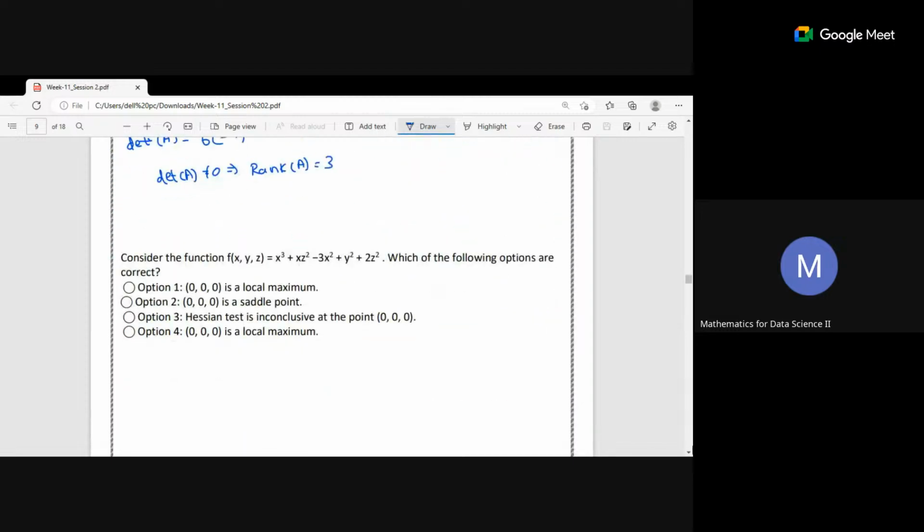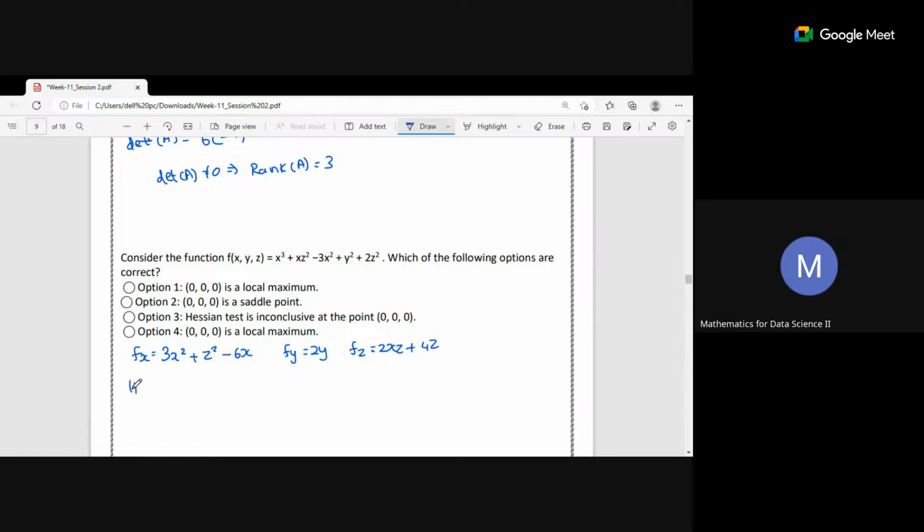Consider the function f of x comma y comma z is equal to x cube plus xz squared minus 3x squared plus y squared plus 2z squared. Which of the following options are correct? So at 0 comma 0 comma 0, what happens you need to see. Okay, so first, what is your fx? 3x squared plus z squared minus 6x, and fy is 2y and fz is 2xz plus 4z. Okay.